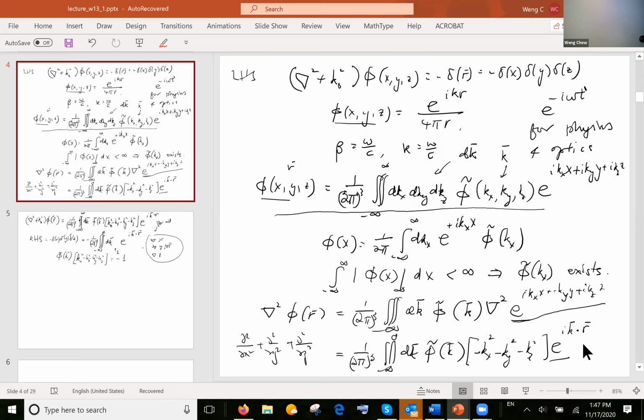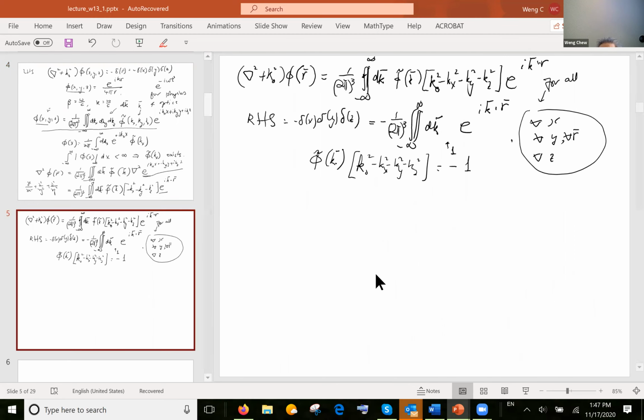Those are the mathematical fineries that we have to worry about, but let's not worry too much about that, and let's assume that this integral does exist. If they exist and converge, then these two must be equal to each other.